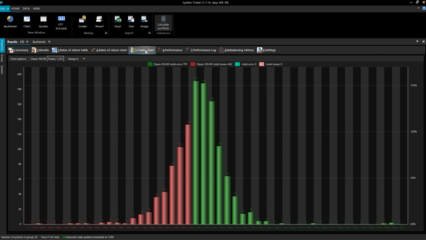The trade chart means that basically we had, for example, here, 191 months where the profit in the portfolio was between 0 and 1, considering that 0 is a profit. But we had 2 months when the portfolio ended at a loss between minus 11 and minus 12%.